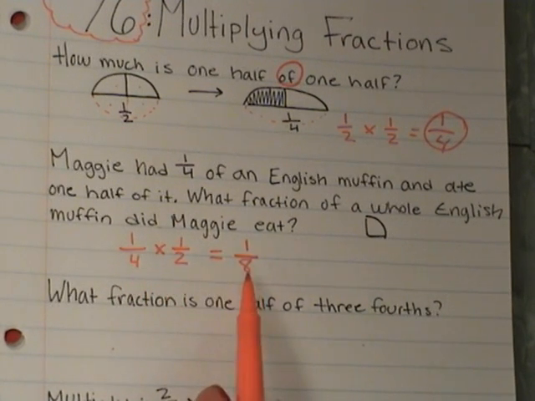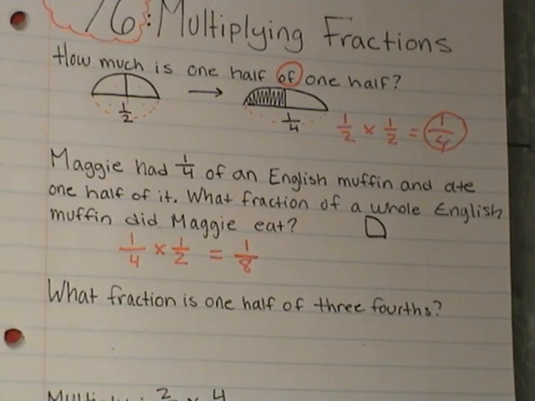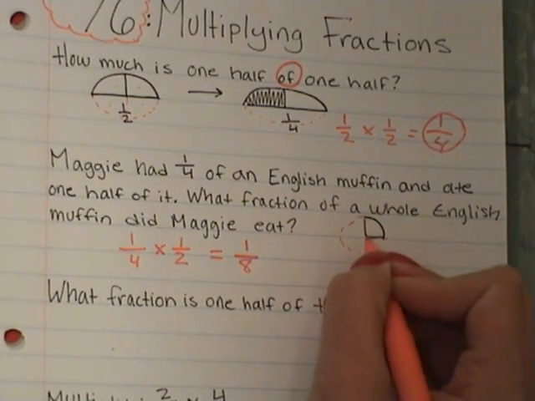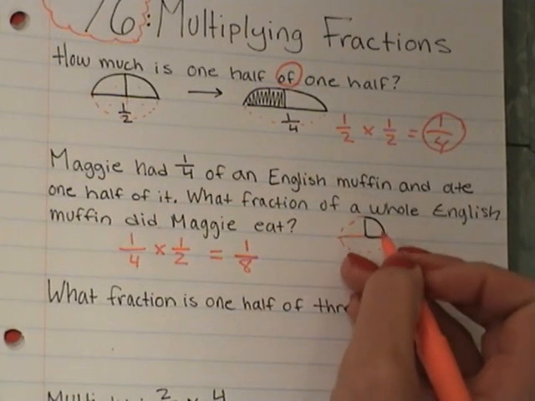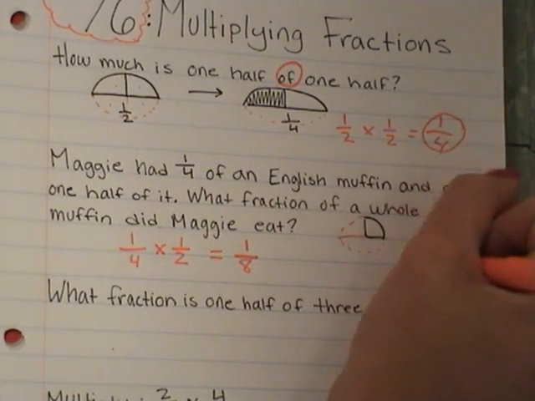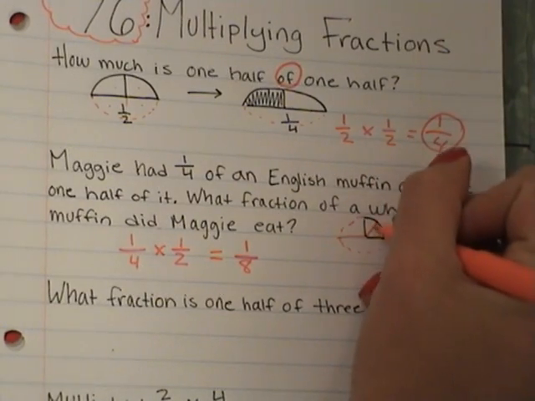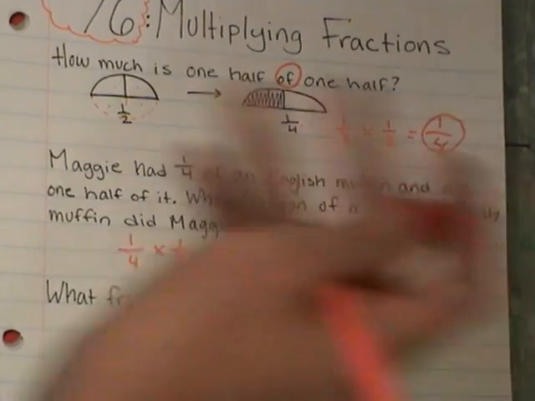So if we add more pieces to the bottom denominator, each piece is going to slowly get smaller. If this is a 1/4, and here's my circle, and she ate 1/2 of it, this is what a little piece, 1/8, looks like.